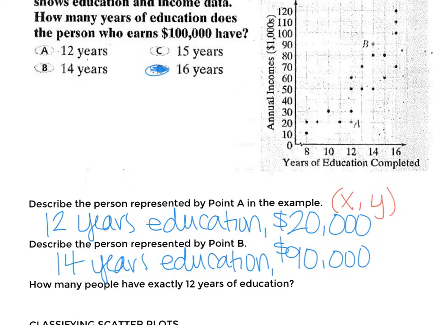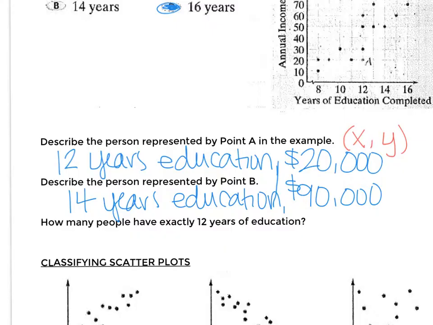And I guess I shouldn't say typically, because this isn't an average or anything. This is just a survey of people. How many years did you go to school, and what is your income now? This person went to school for 14 years. They're making 90 grand.